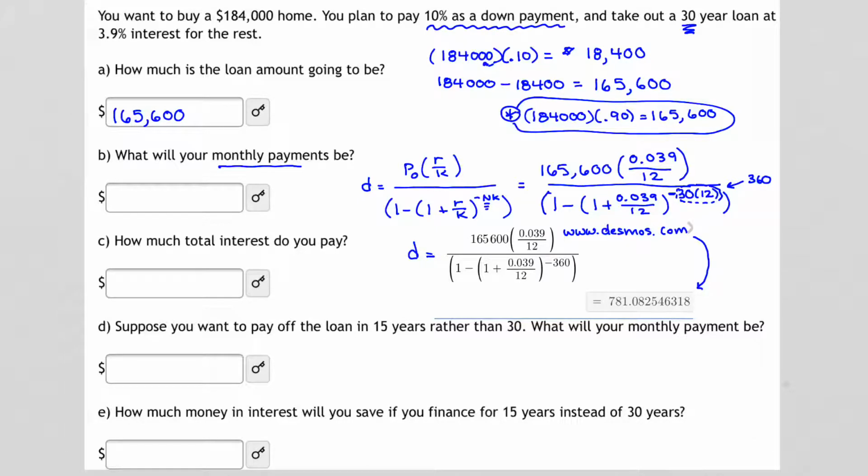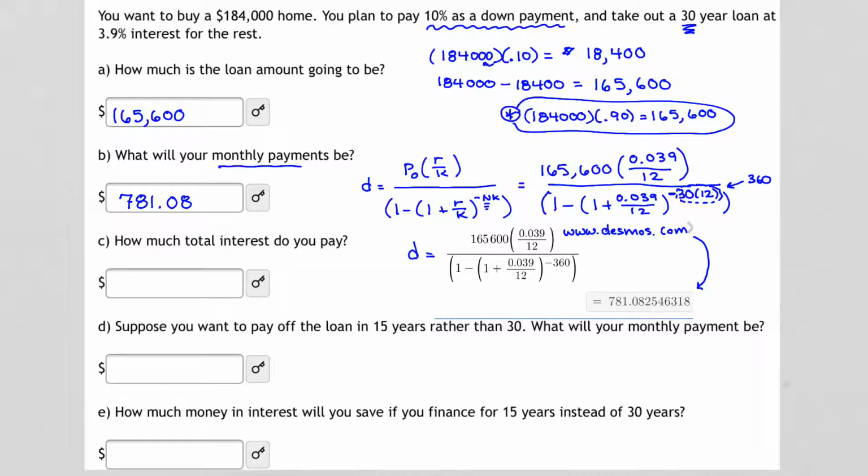And I calculate using Desmos that's equal to 781 and 8 cents. So our monthly payments are going to be $781.08.